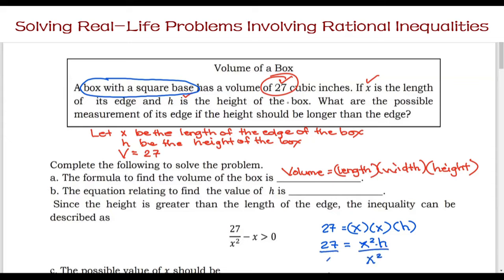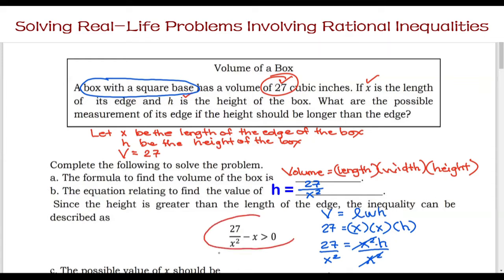So our h, our answer here in B, is 27 over x squared. This is our solution, using the formula that the volume is equal to length times width times height. That's what we patterned it on.